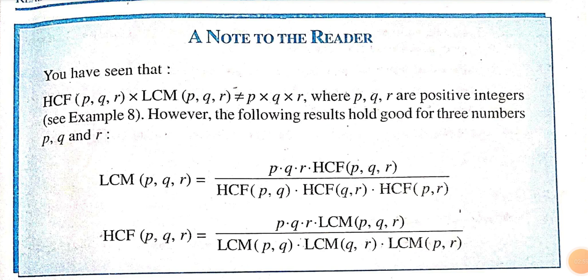LCM(p, q, r) is equal to p multiplied by q multiplied by r multiplied by HCF(p, q, r), divided by HCF(p, q) multiplied by HCF(q, r) multiplied by HCF(p, r). HCF(p, q, r) is equal to p multiplied by q multiplied by r multiplied by LCM(p, q, r), divided by LCM(p, q) multiplied by LCM(q, r) multiplied by LCM(p, r).